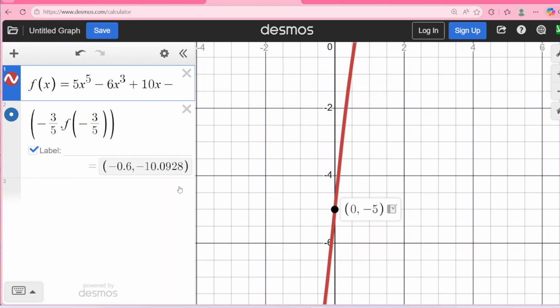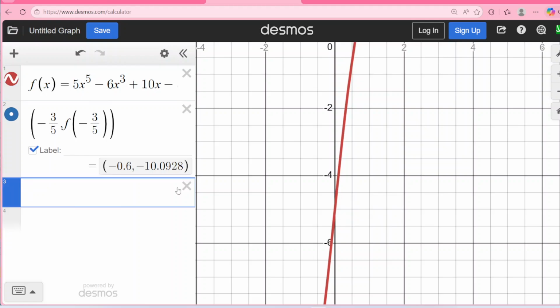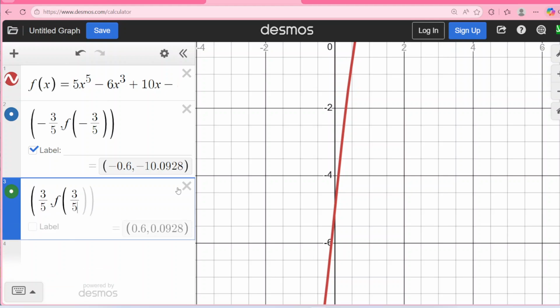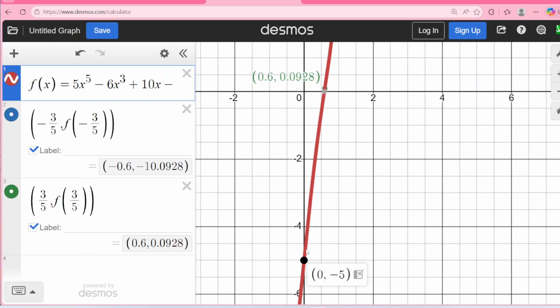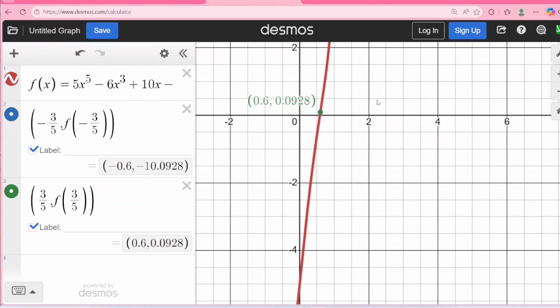Now from (0, -5), you're concave down to the right of that. It's curling downward up until the point where x equals positive 3/5. So 3/5, comma, f of 3/5. I'll label this point as well. You see between (0, -5) and this point here, it's again very, very slight, but it is part of a curve that's curling downward, concave downward, negative second derivative.